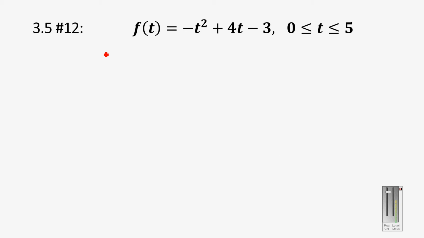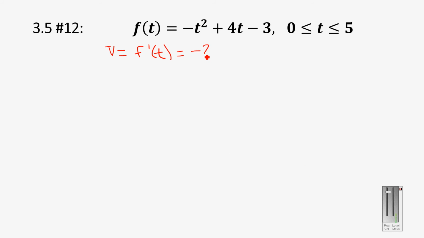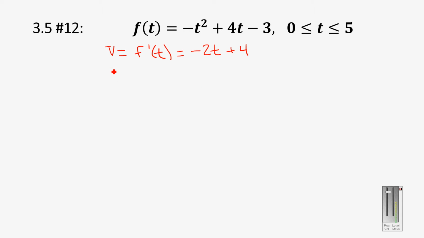All right, so first of all, we can also say if this is the position function, then we know that the velocity function is actually equal to the first derivative. So in this case, it's negative 2t plus 4. So this is the velocity function. We can also say that the acceleration function is f double prime of t.